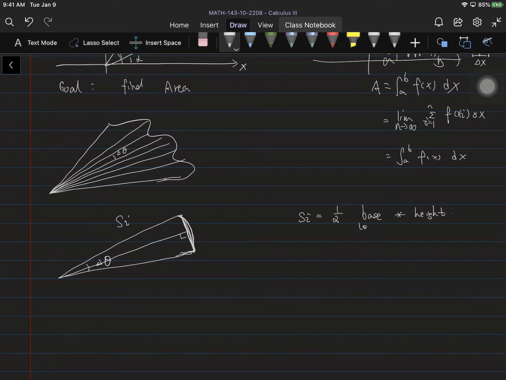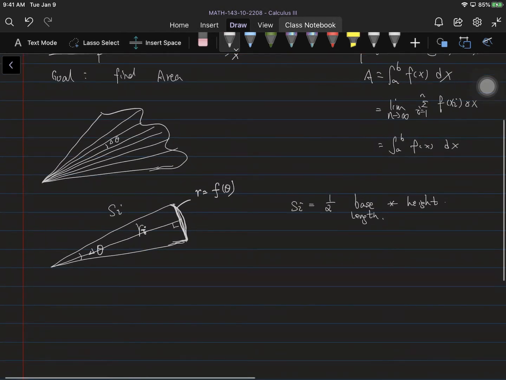And the height, here we say this is ri because it's just like the root. For this function, r equals f of theta. Before we had the height f(xi), so right now we have ri. Okay, ri is the height.